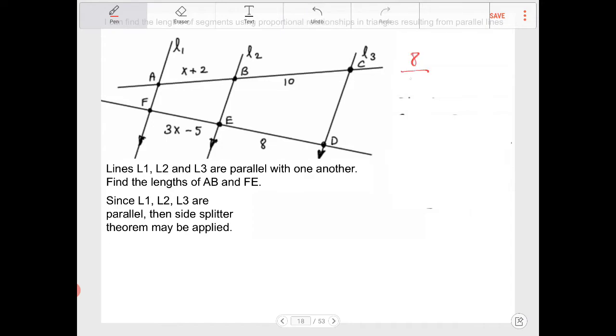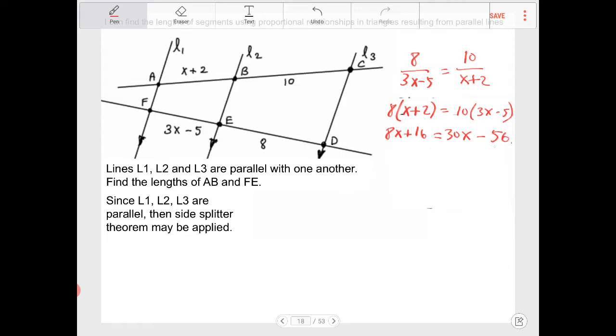So I'll do 8 over 3x minus 5 equals 10 over x plus 2. If I cross multiply, I end up with 8 times x plus 2 is equal to 10 times 3x minus 5. Distribute, and I end up with 8x plus 16 is equal to 30x minus 50.